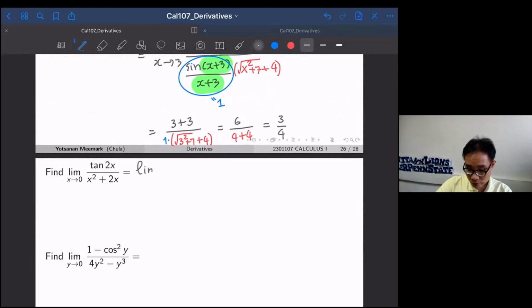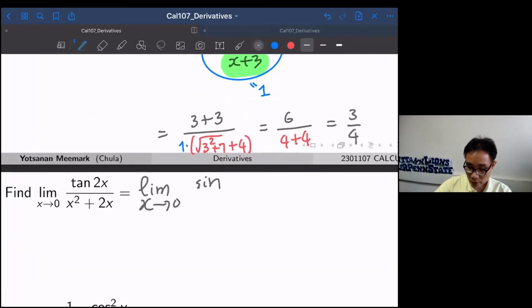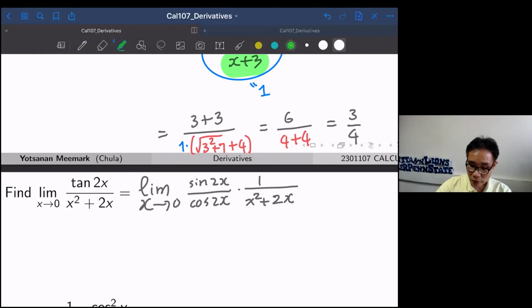So this is the limit as x goes to 0 of sin 2x over cos 2x, multiplied with 1 over x squared plus 2x. So this one is your tan 2x.